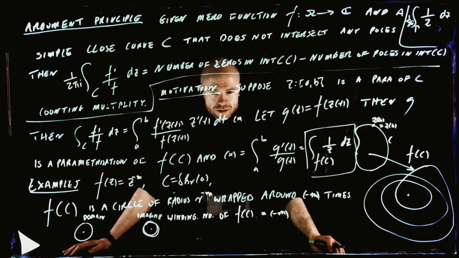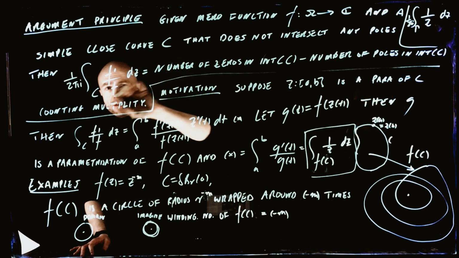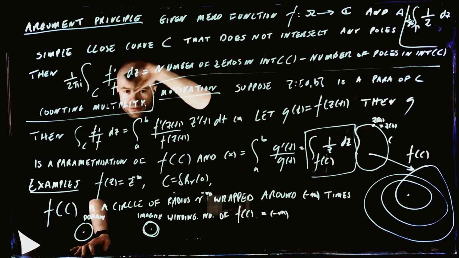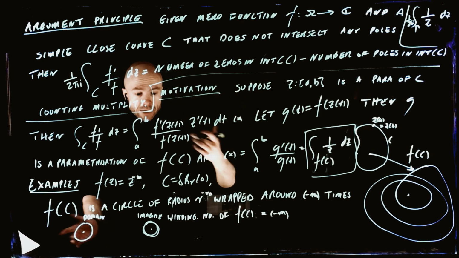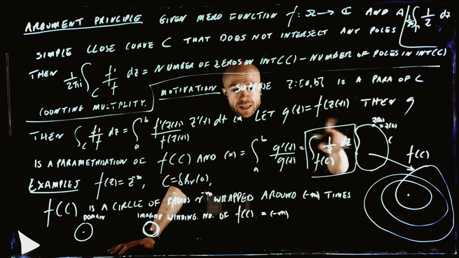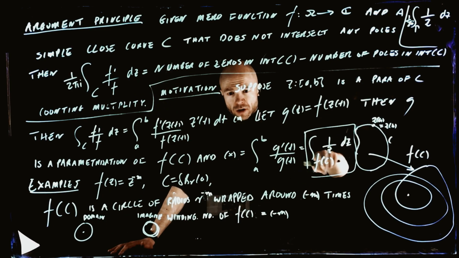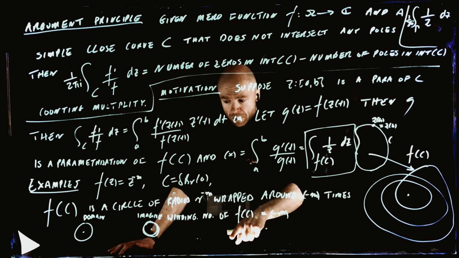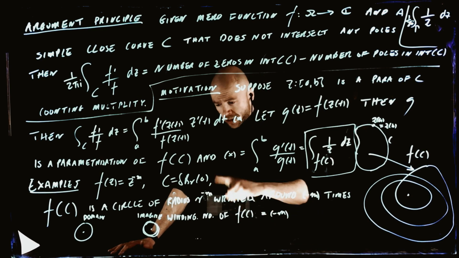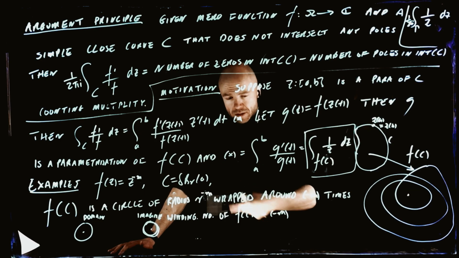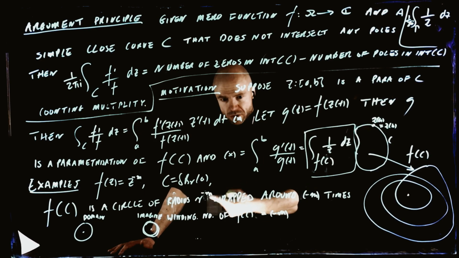Okay. I want to give this thing some meaning to you, otherwise it's just some weird formula. The meaning of this thing is exactly that it is the winding number of the image of the curve under the mapping f. What we're seeing with these examples is that we can easily detect the winding number of the image of the curve in these simple examples, because we can just track what's happening.